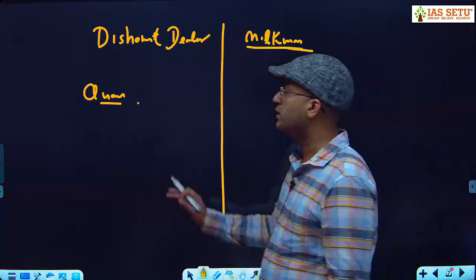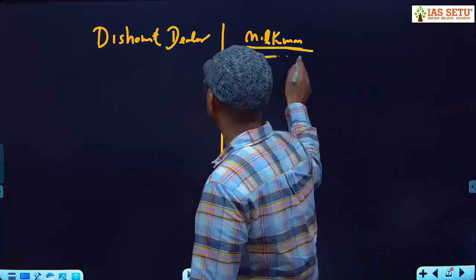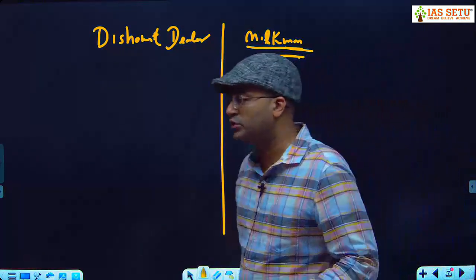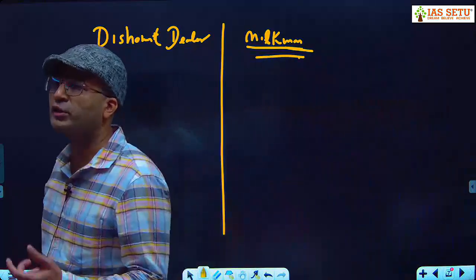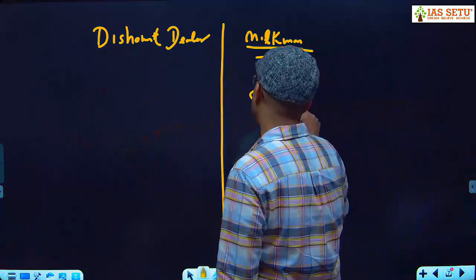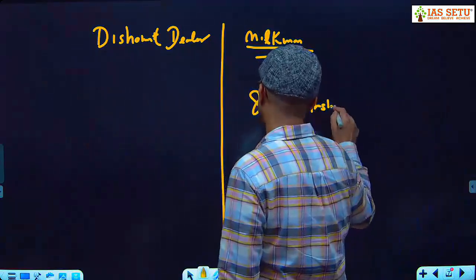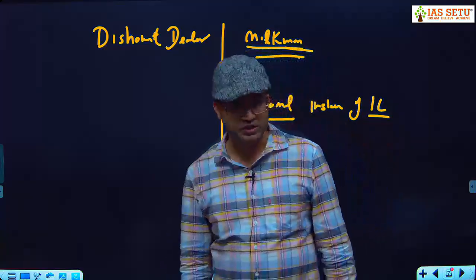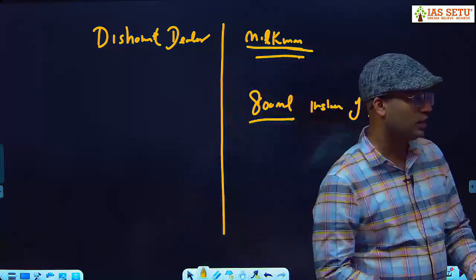Like here, this milkman can do the same thing what this dishonest dealer has done. Like here, there will be a question: a milkman professes to sell milk at cost price, but he used to deliver 800 ml instead of 1 liter, but pure milk. मतलब 800 ml दे रहा है instead of 1 liter. Still better, 800 ml is pure.